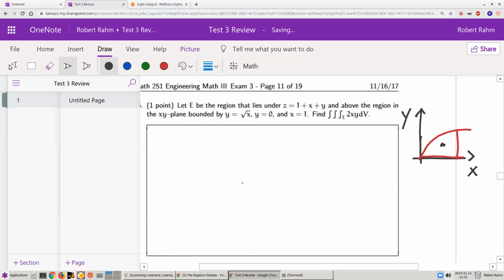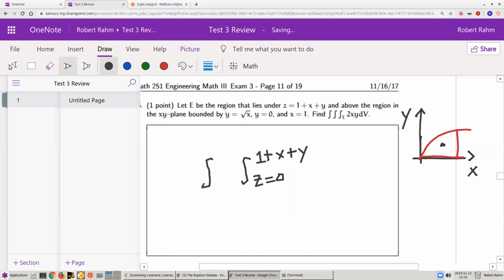So the z integral is going to be z equals 0 to 1 plus x plus y.